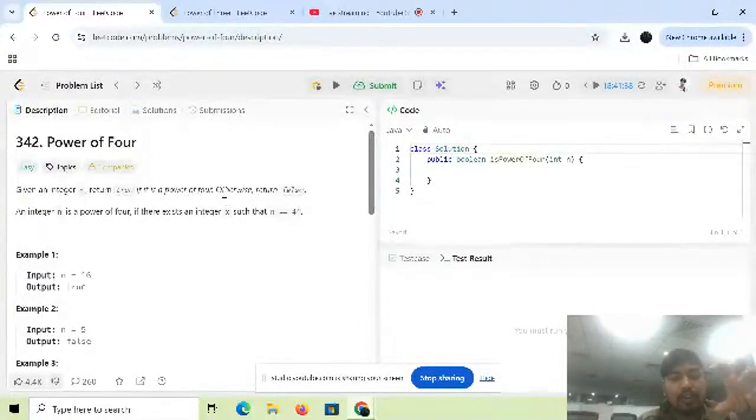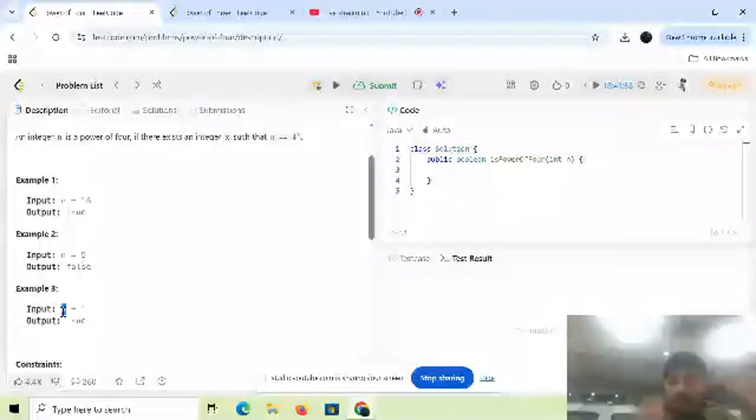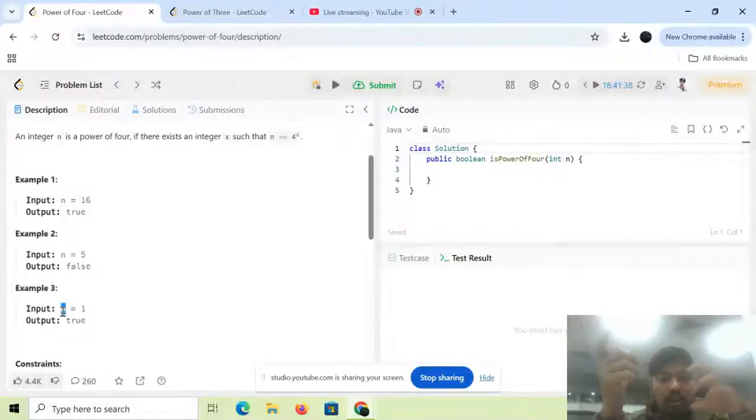If it is not, then we'll return false. This n is a power of 4, so that's why we have written true. This n is not a power of 4, so that's why we have written false. And 1 is a power of 4, because if we divide a power of 4 repeatedly, it becomes 1 only. So that's why we have written true here.